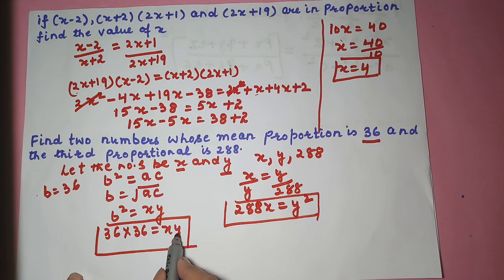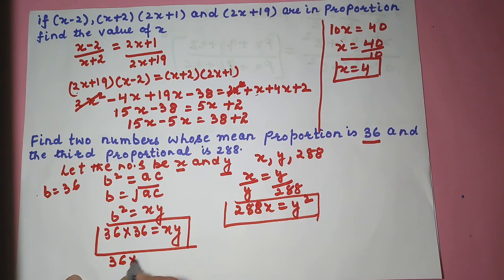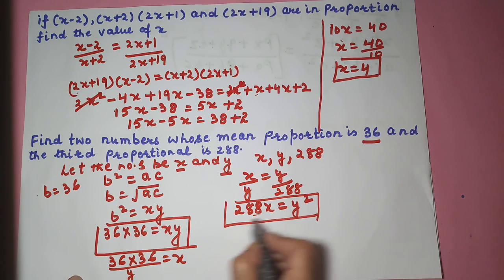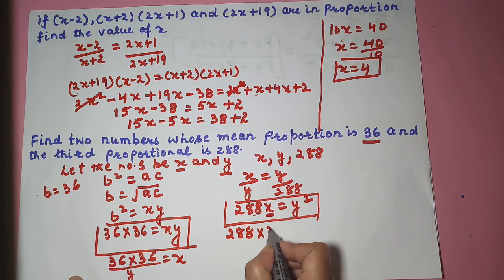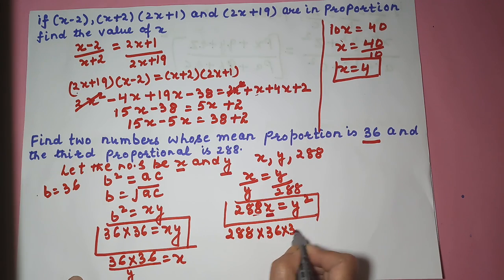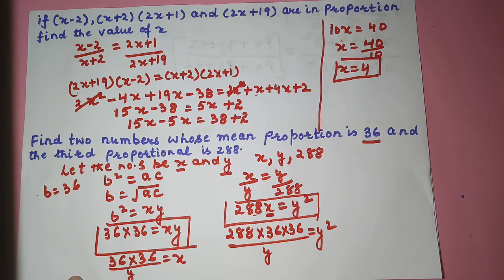What we can do from here is, from this equation, if I find the value of x, this y will go under this. So I will have 36 into 36 upon y equal to x. Right? Now I will come back to this equation and substitute the value of x as this. So 288 will remain there into 36 into 36 divided by y equal to y square. Fine.